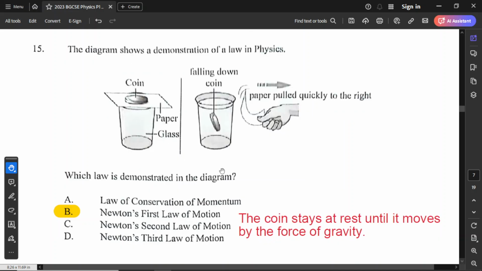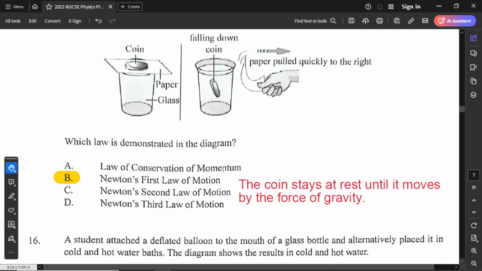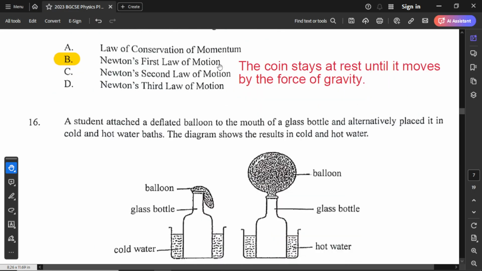The coin stays at rest until it moves by the force of gravity. Once you move the paper, the friction decreases, and then the coin will fall due to gravity. So that's Newton's first law.